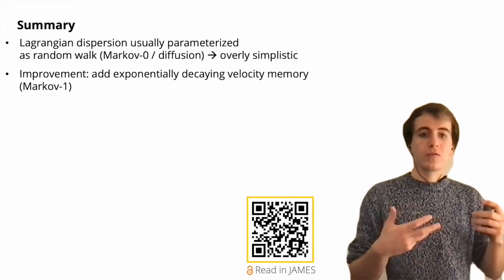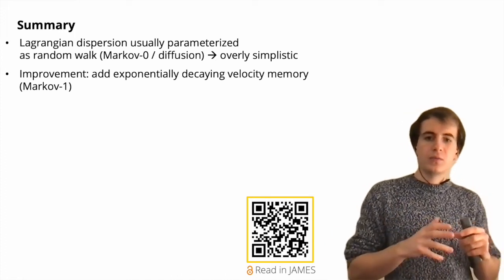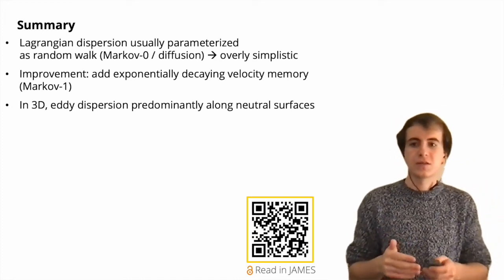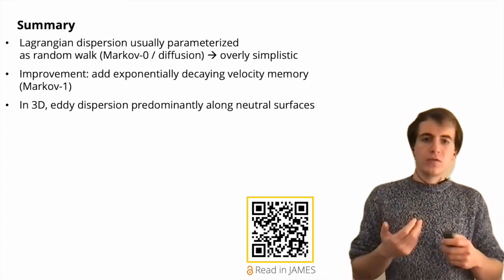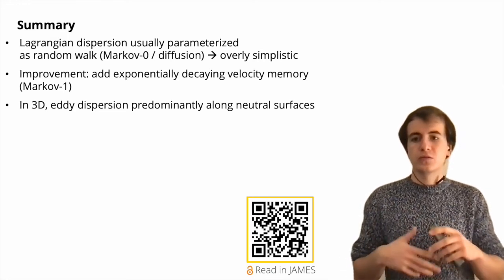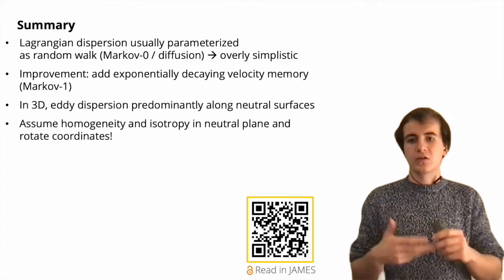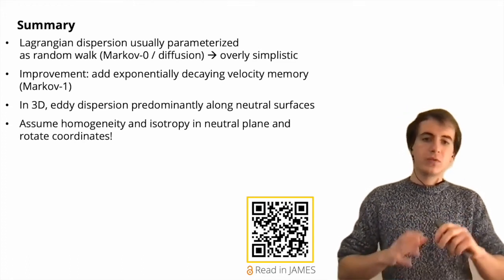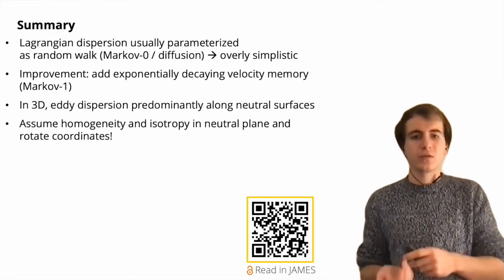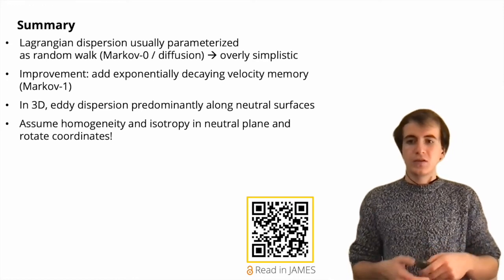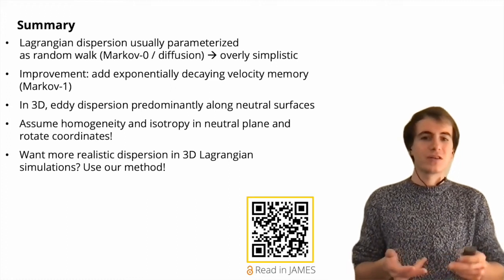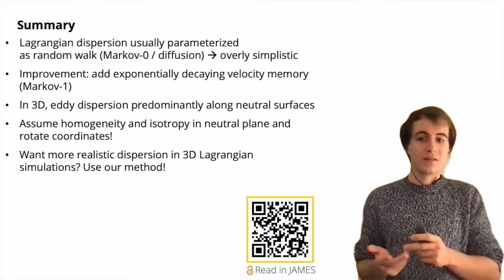We apply this Markov 1 model in 3D, and we take into account that eddy dispersion happens predominantly along neutral surfaces. So actually we formulate everything in the neutral frame. We assume homogeneity and isotropy in the isoneutral frame, and we do a coordinate rotation, just like Redi did for the isopycnal diffusivity tensor. So if you want more realistic dispersion in three-dimensional Lagrangian simulations, then use our method.